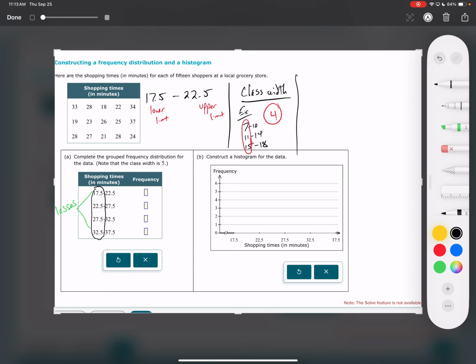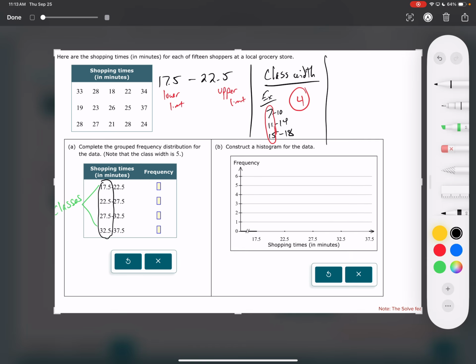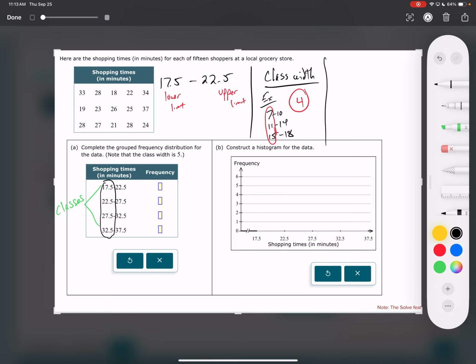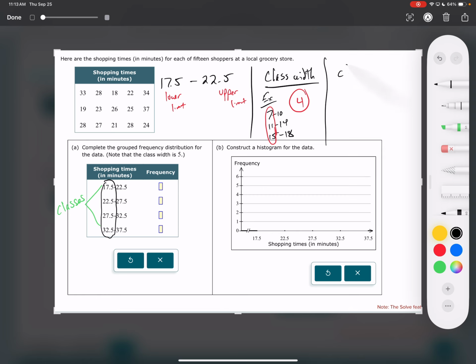One of the other things, last thing here, I don't think you'll see this hardly anywhere, but the class midpoint. With the class midpoint, that's the middle of the class, and it will help you do some different graphing. I'll show you that on the graph when I get done.